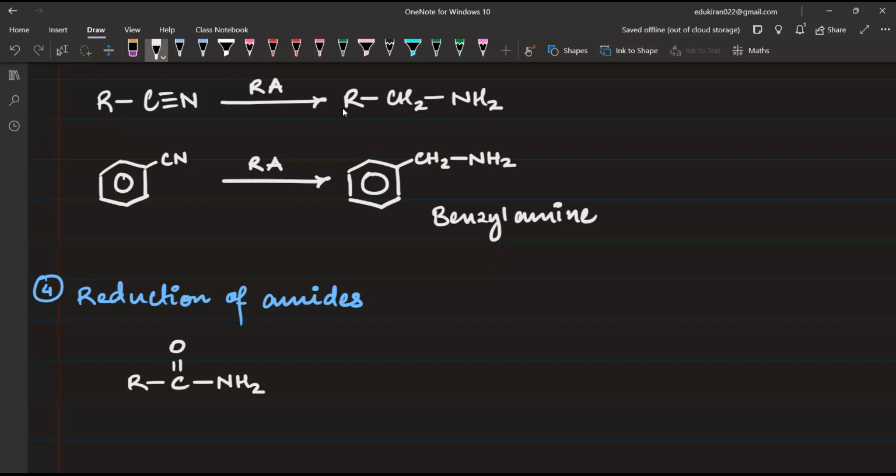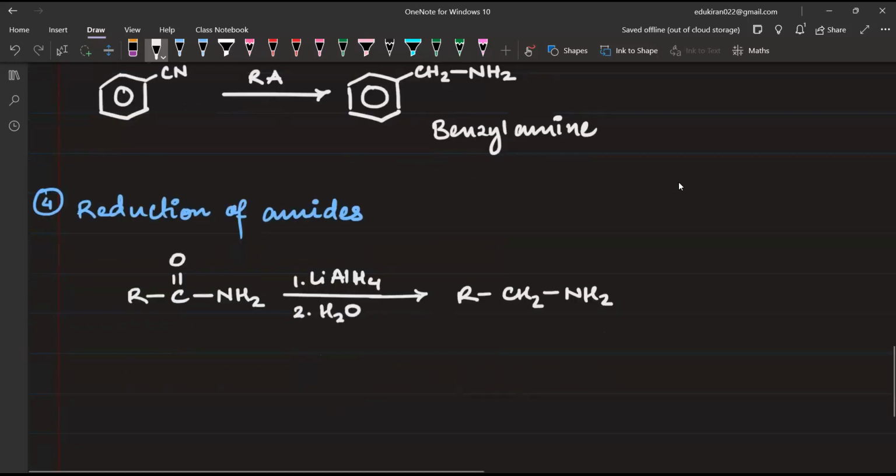This is alkyl amide, alkyl and then you have the amide. Here you use lithium aluminium hydride. Second step, we use water. And 2 hydrogen atoms will attach on the carbonyl carbon. So you'll get R, CH2, NH2.